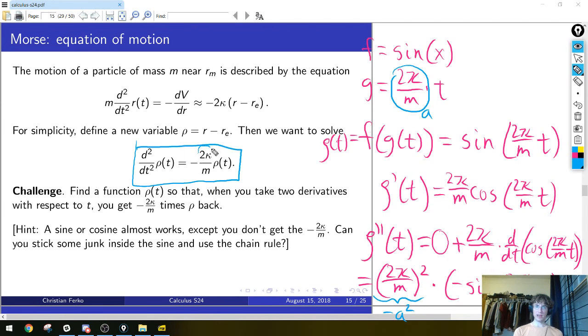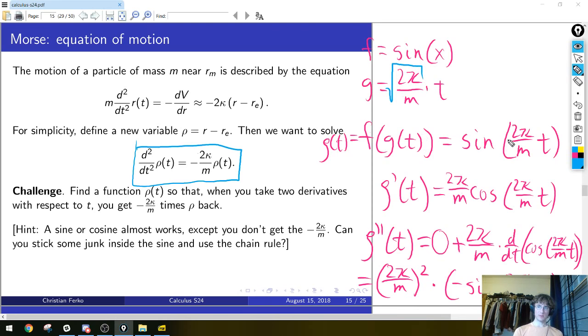So what should a be if we want a squared to be 2 kappa over m? At this point, I'm just guessing it's going to be the square root of 2 kappa over m.